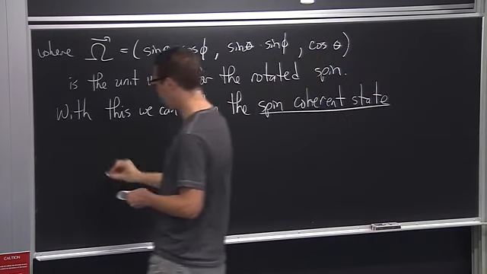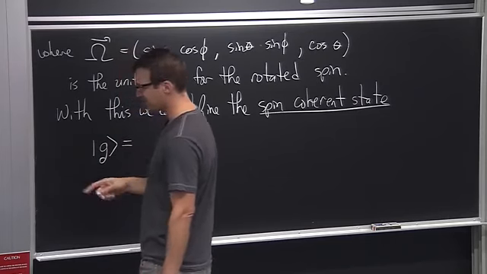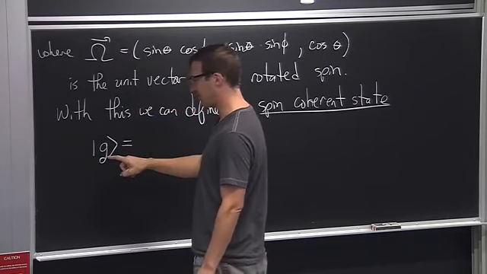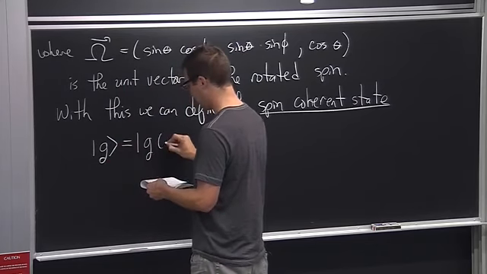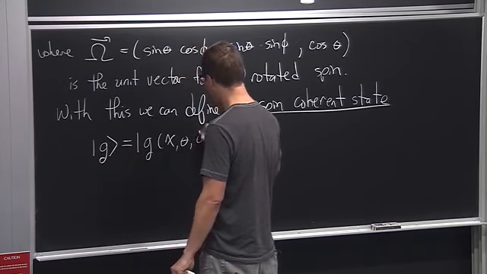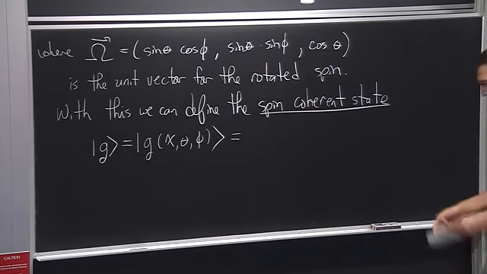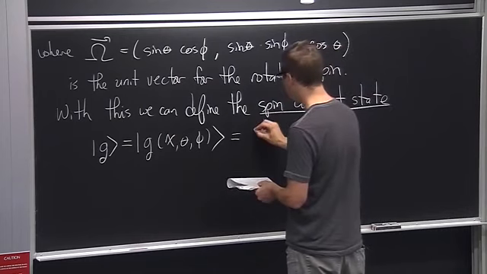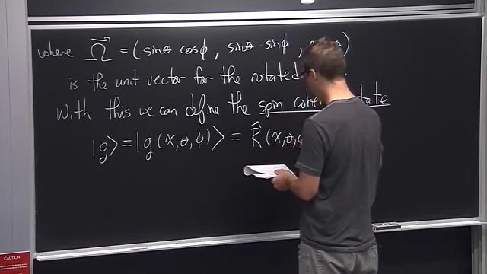I'll call it G. I don't know why. You could call it omega, or some textbooks call it like N, because, well, it's like a unit vector. So the coherent state depends on these angles, and it's defined as this arbitrary rotation.